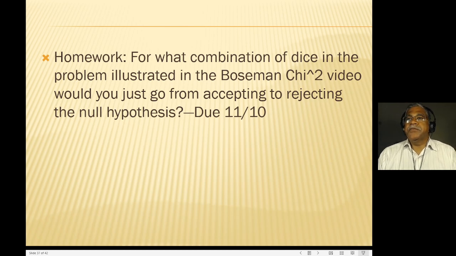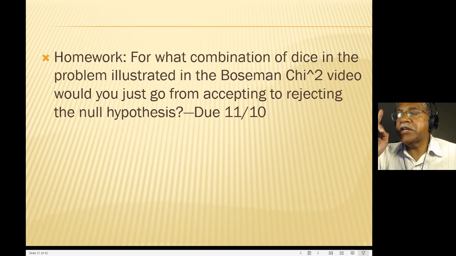Now the question is, in the case of the example he showed about the dice, you'll agree that he accepted the null hypothesis. Agreed? Okay, so that is the case of accepting the null hypothesis.